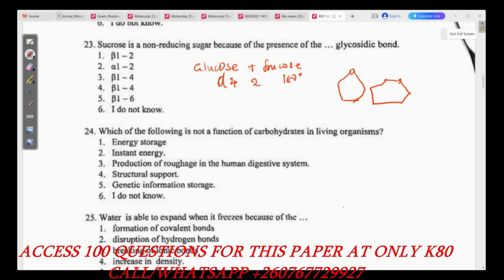No, it takes up this structure. So the carbon 2 is at this oxygen. So for this bond to be formed, because carbon 2 of glucose is here, this has to turn 180 degrees so that it becomes something like this. Then now the bond will take place between carbon 2 of fructose and carbon 4 of glucose.